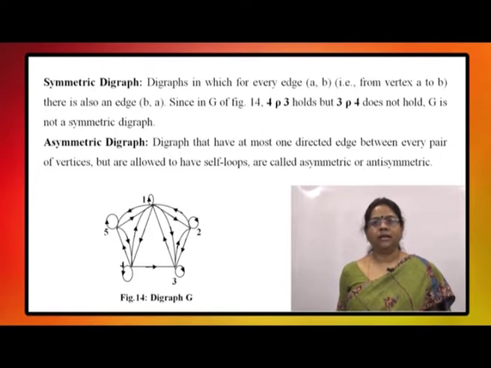We can see that in figure 14 this digraph G is not an asymmetric digraph, because between 2 and 3 there are two arcs oppositely directed. So this does not represent an asymmetric relation.